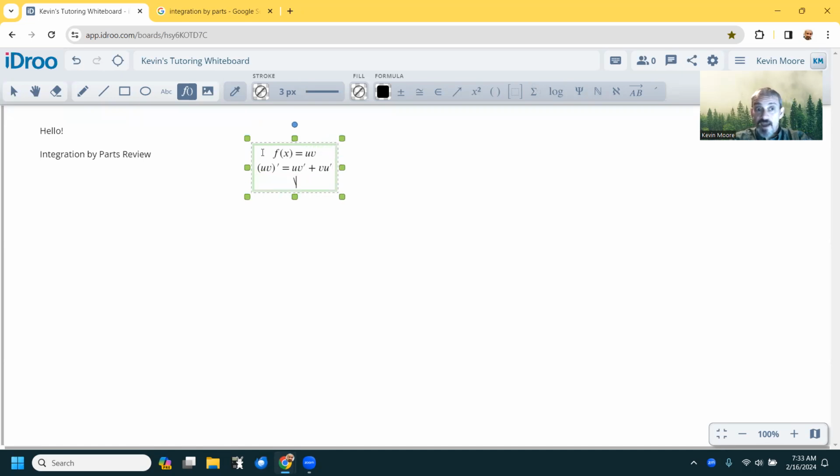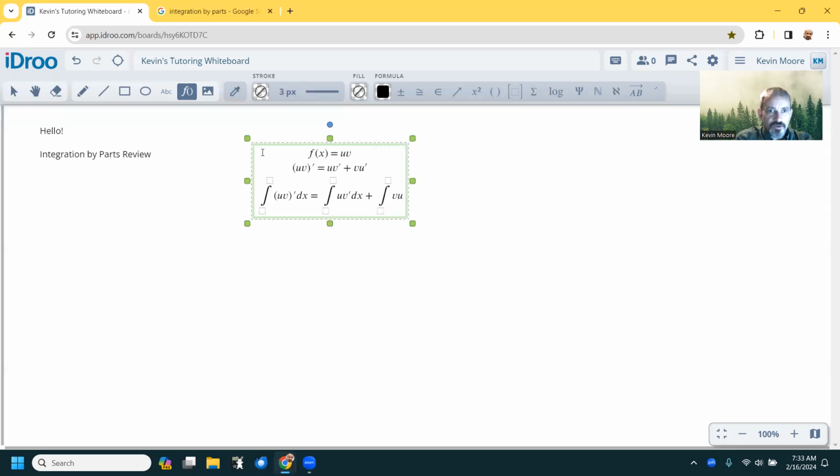Well, if I wanted to go backwards on this, I could take the integral of (uv)' dx and say that's equal to the integral of uv' dx plus the integral of vu' dx.